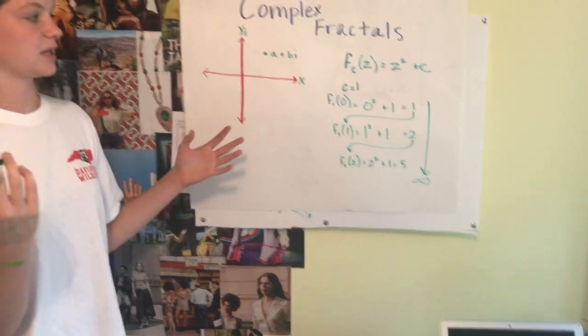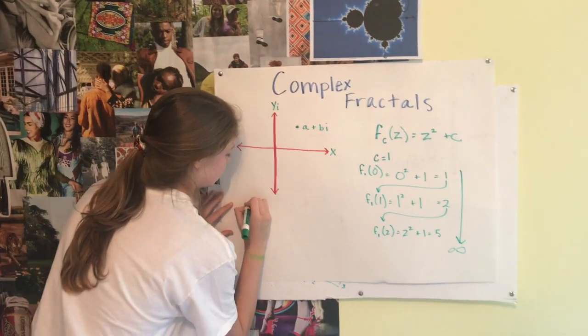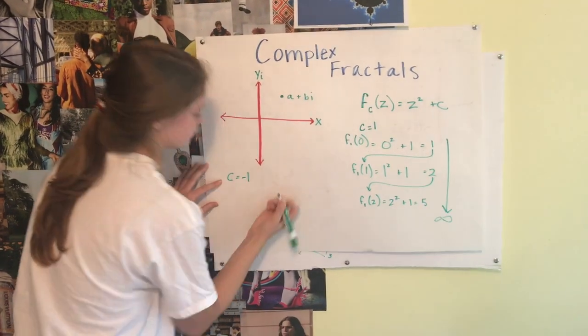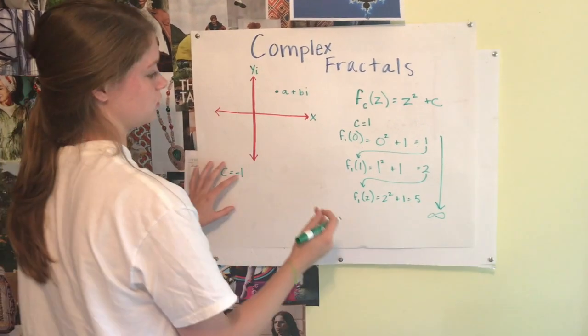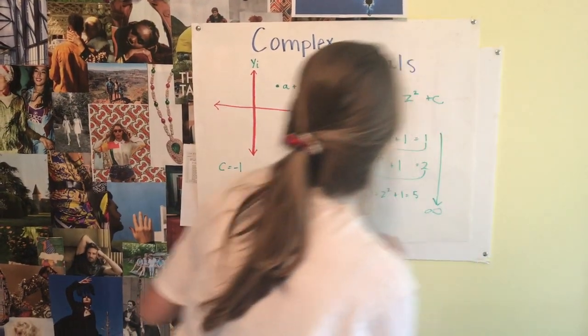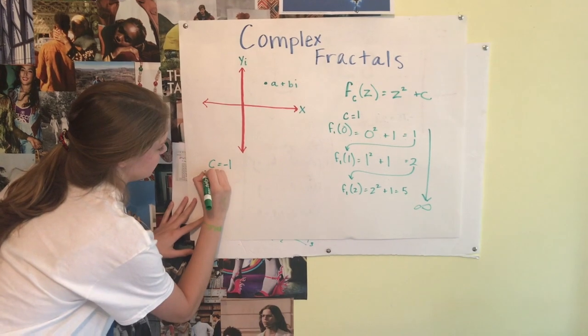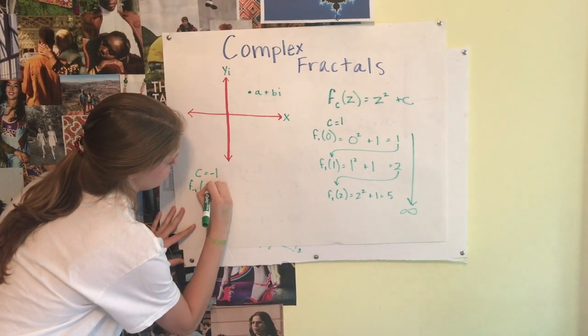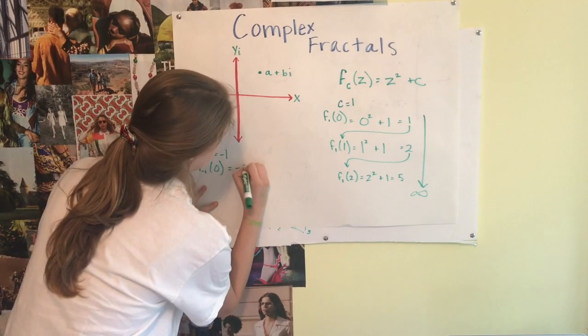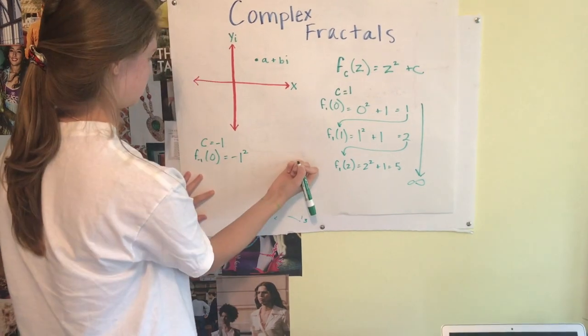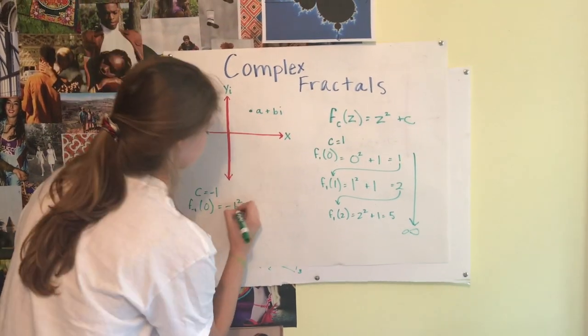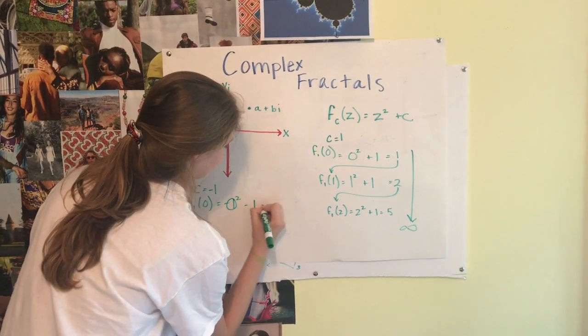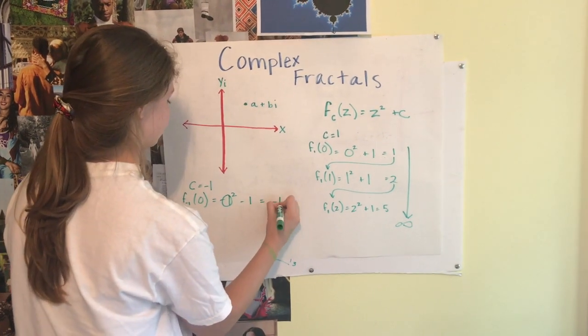However, if we were to look at another c, for example, c equals -1, we can show that f of -1 of 0 equals 0 squared minus 1, which is equal to -1.